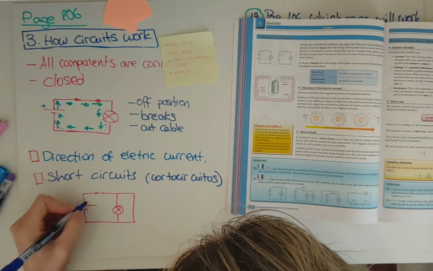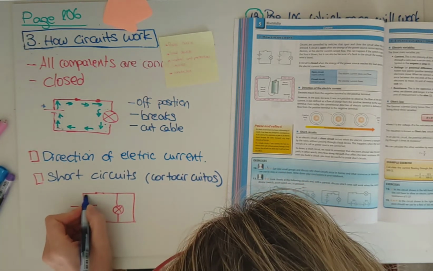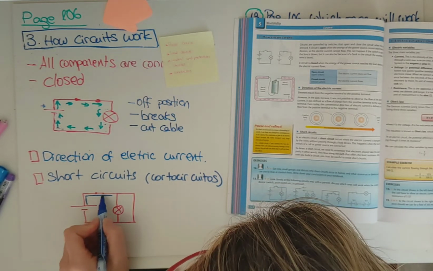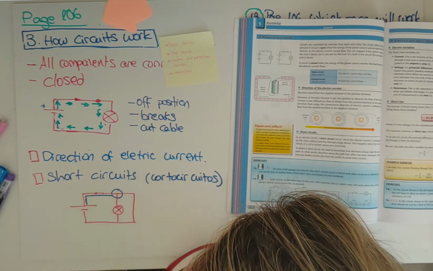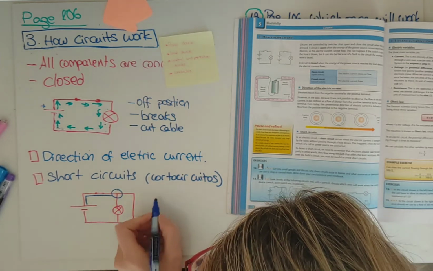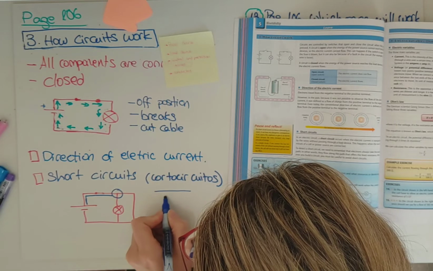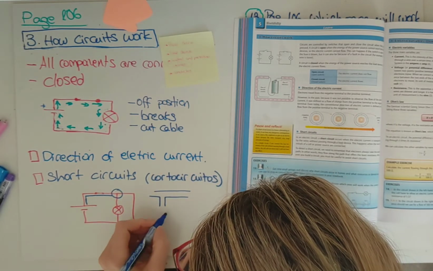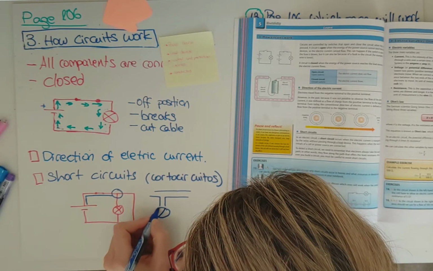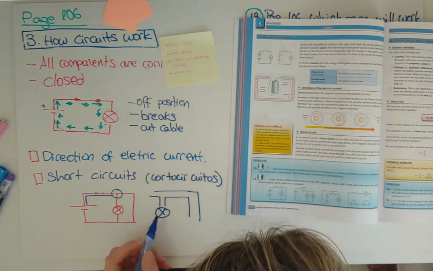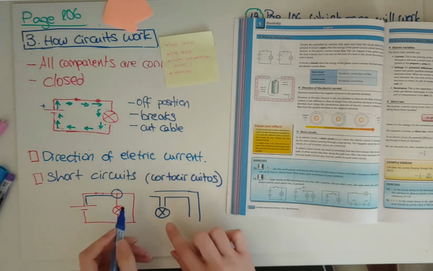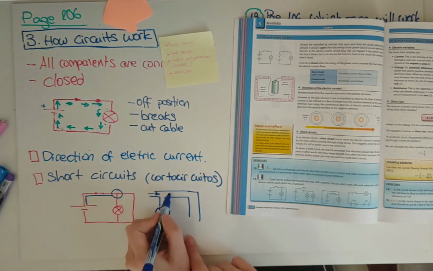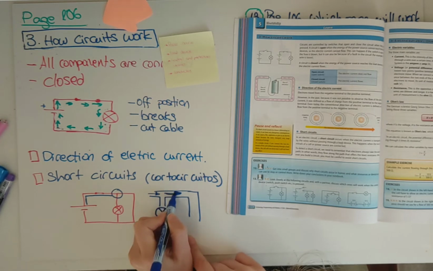Let's see. The current flows from the positive pole, and at this point, let's see what happens. We have two paths, okay? At this point, the current is going to take the easiest path.